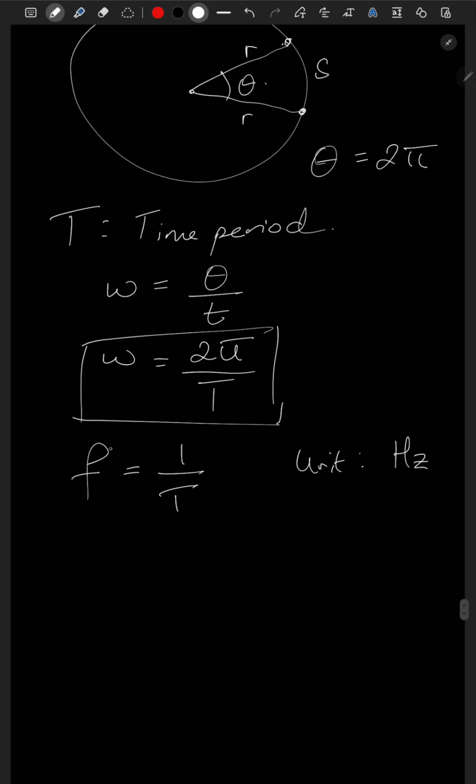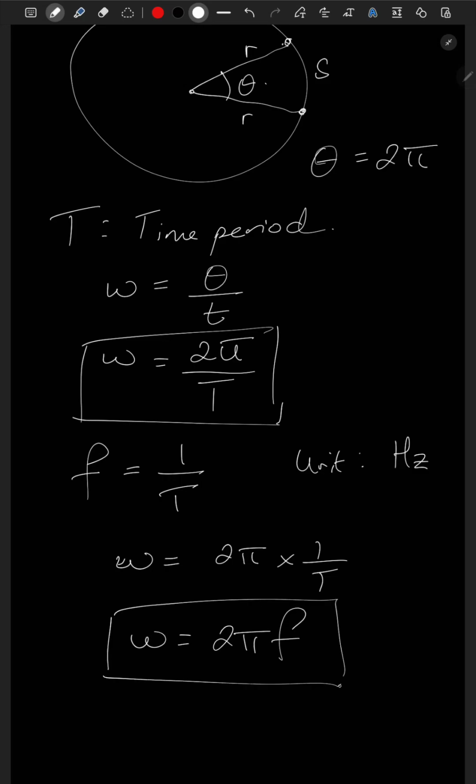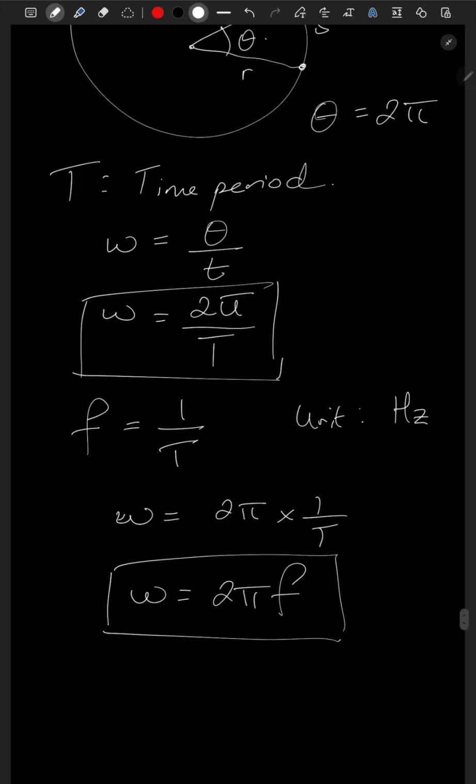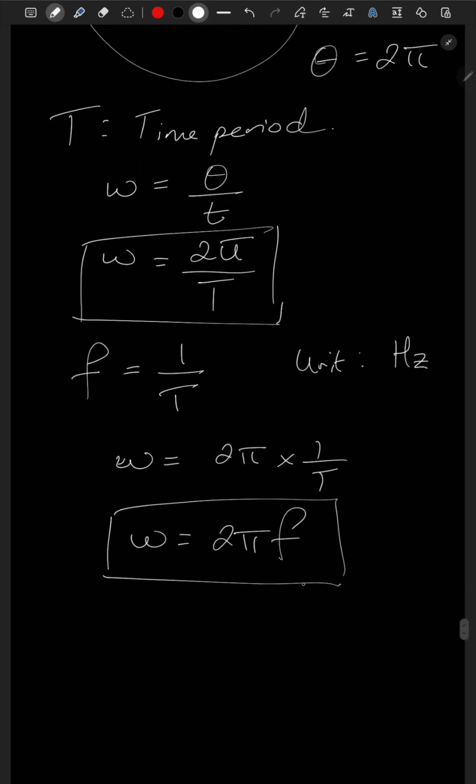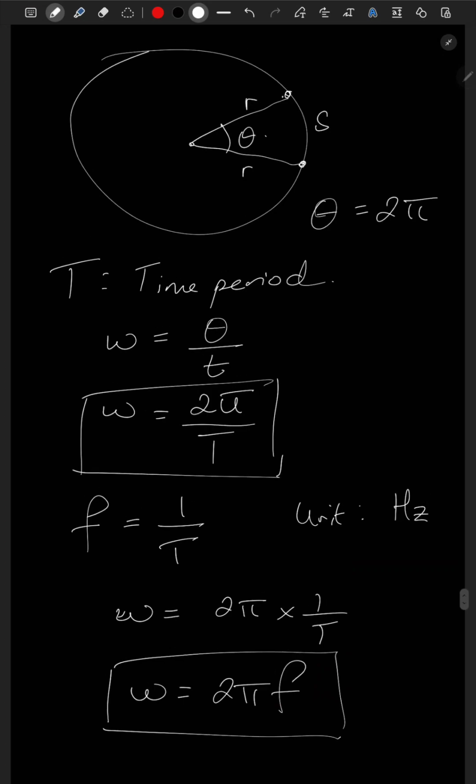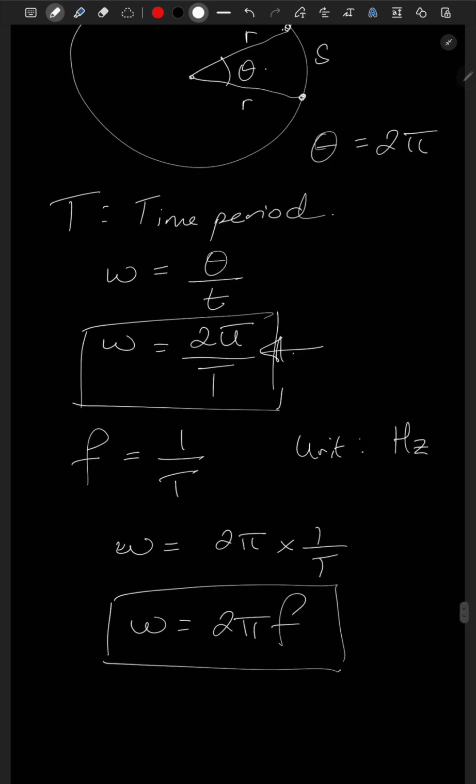So now we can replace 1/time by the frequency. So this is 2 pi times the frequency. We get omega, the angular speed, in terms of f, the frequency, and in terms of T, we can calculate the angular speed.